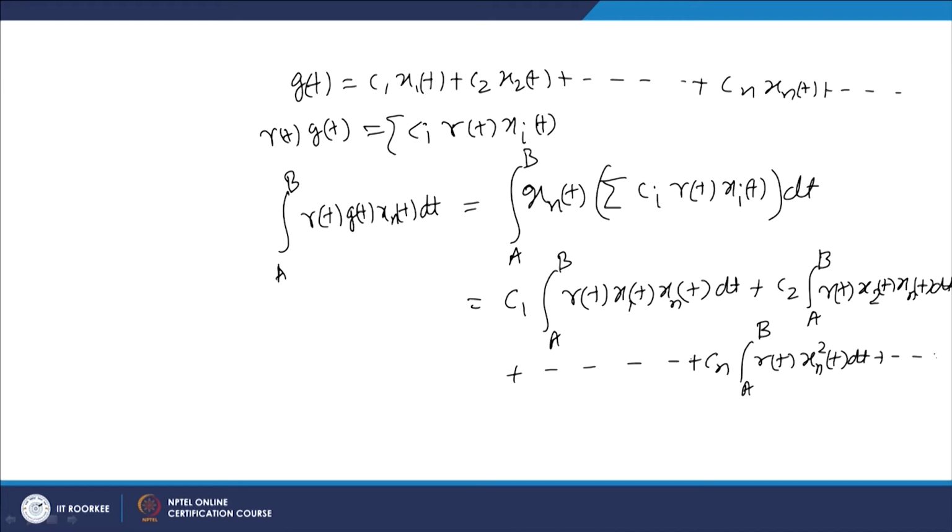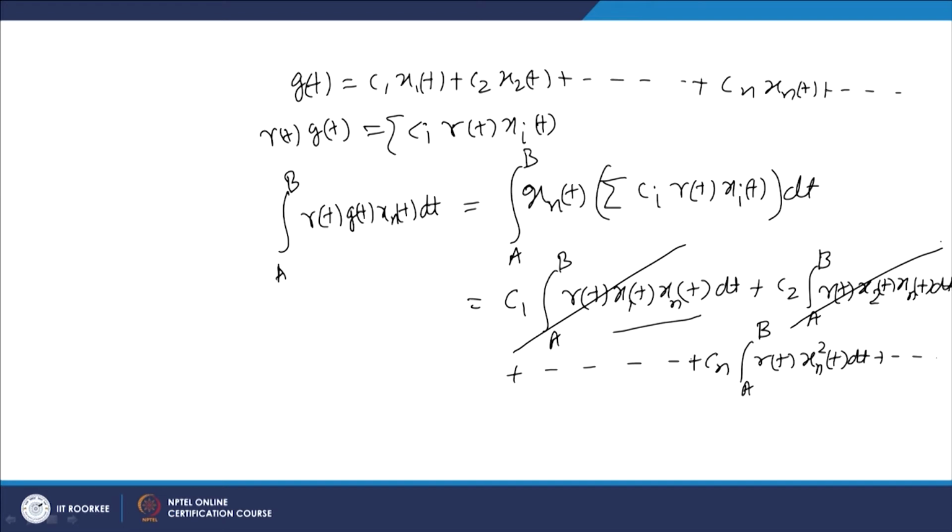Now, we have already discussed that these eigenfunctions are orthogonal to each other with respect to the weight function r(t). So, it means that if n is not equal to 1, then x1 and xn are two distinct eigenfunctions, so this has to be 0. So by the orthogonality property this has to be 0, similarly this has to be 0.